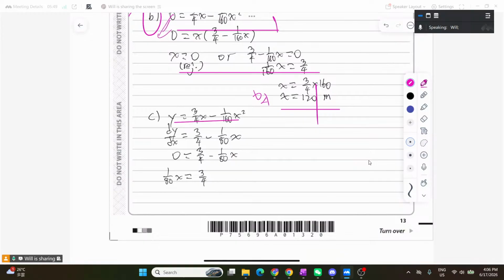The final one is the maximum height, right? So we need to label the maximum height. The trajectory is a parabola, using this one, and take the maximum. So you use differentiation, right?